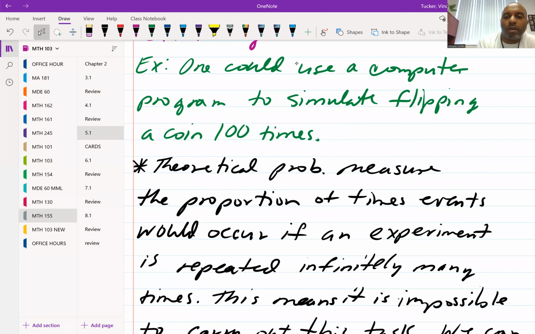All right, theoretical probability measures the proportion of times events would occur if an experiment is repeated infinitely many times.